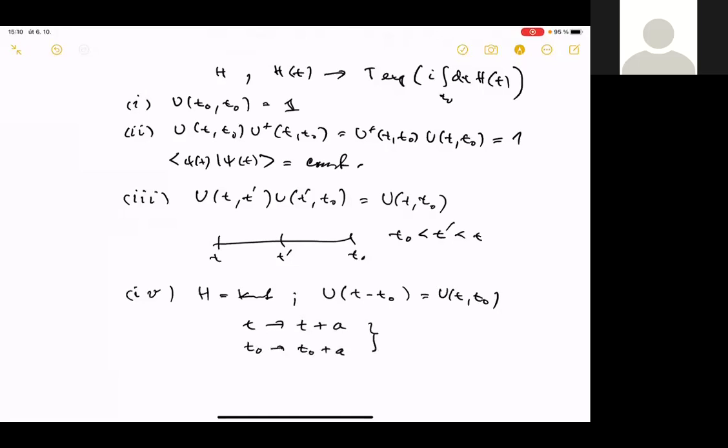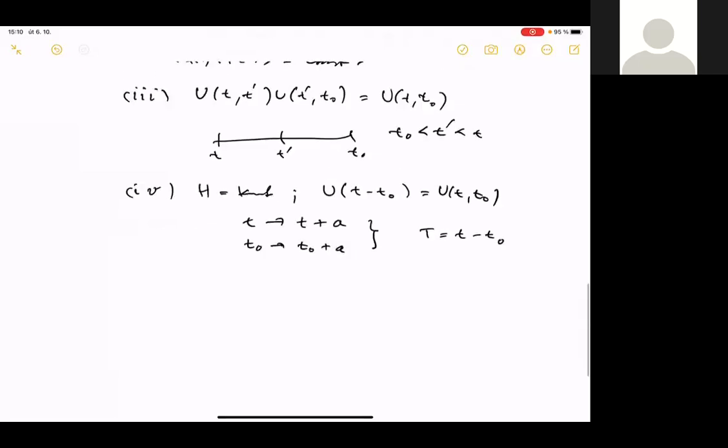This means that it doesn't depend on the moment when we start the experiment. If we measure the time evolution from any initial time with the same initial state, the result of the time evolution will be the same after some time, which is the difference between the initial time and the final time. Well, the picture of time evolution I have shown you yet is called the Schrödinger picture, as you know.